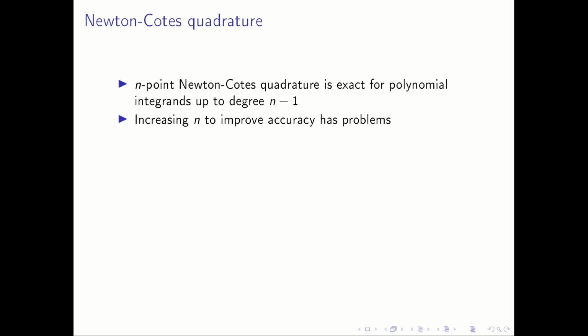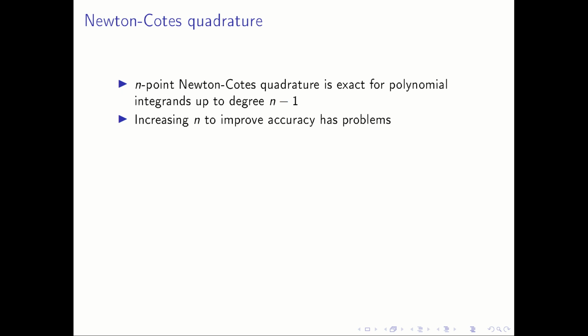Now, what we can do to improve the accuracy of these methods is to increase n. So instead of dividing the interval up into 2 pieces as in Simpson, we could have divided it into 3 or 4 or 10. And if I divide it into 10 pieces, hence have 11 points, I can set a 10 degree polynomial through those 11 points, and approximate the area under the curve by the area under that polynomial.